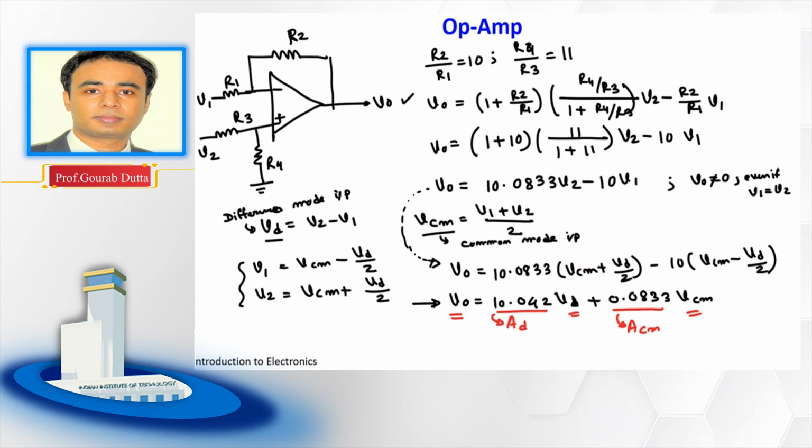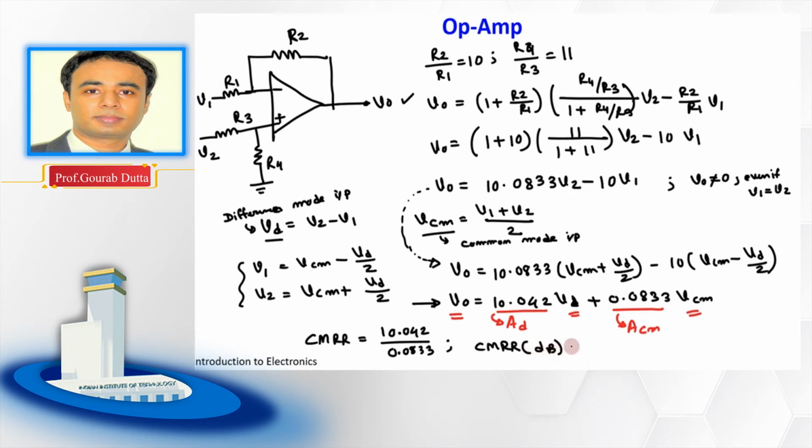So if you want to now find the CMRR, it's basically 10.042 divided by 0.0833. You have to just calculate it and find the value of this CMRR, right? Remember we have discussed that CMRR is generally represented in dB.